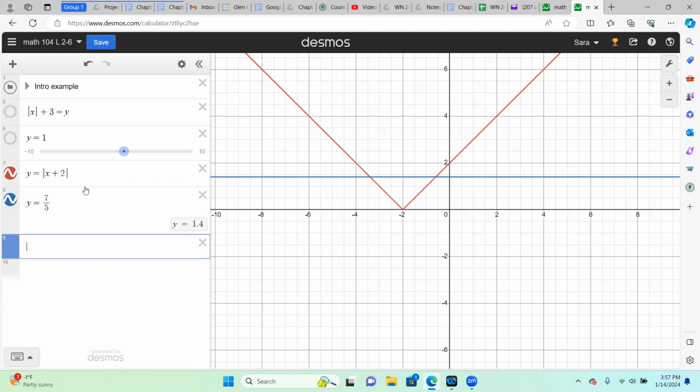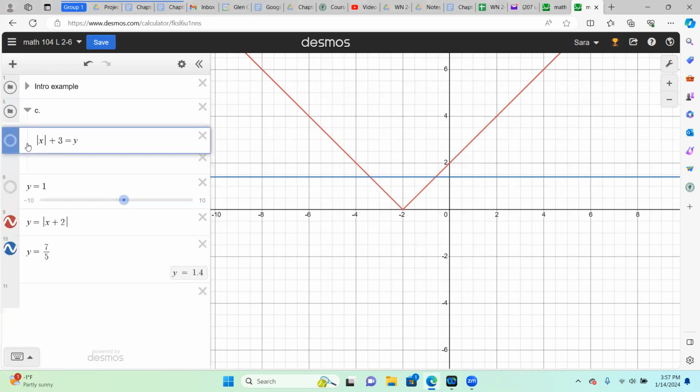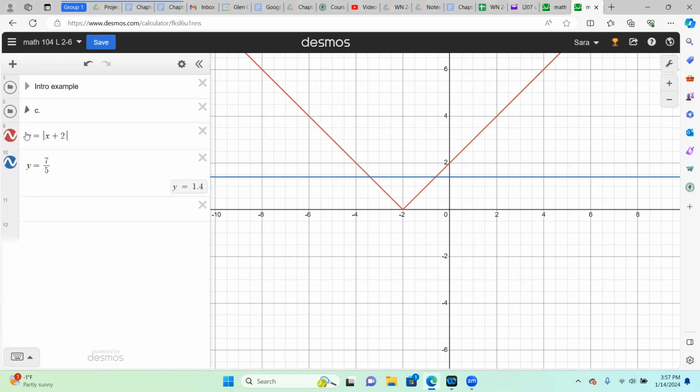Okay. So I'm going to click on one of the graphs to find their intersection. So there's the negative 3.4, and here is the negative 0.6, just like we said. Okay. So let's go back to our paper here.